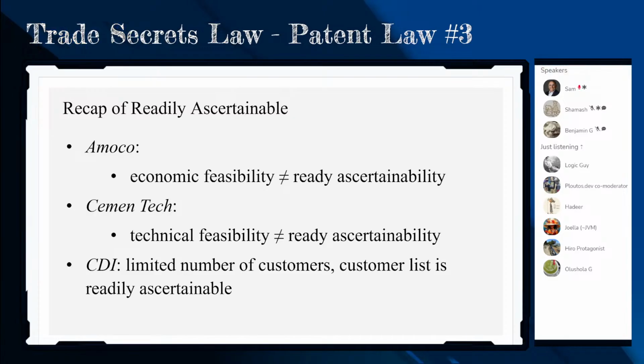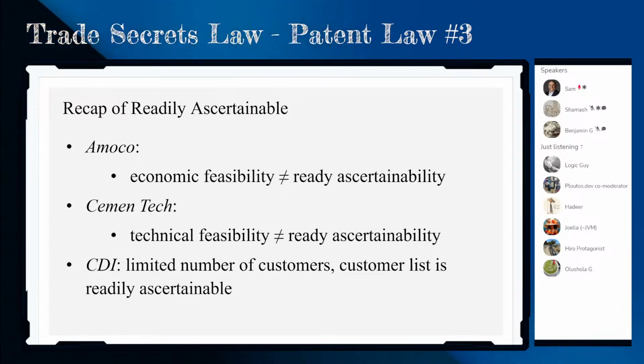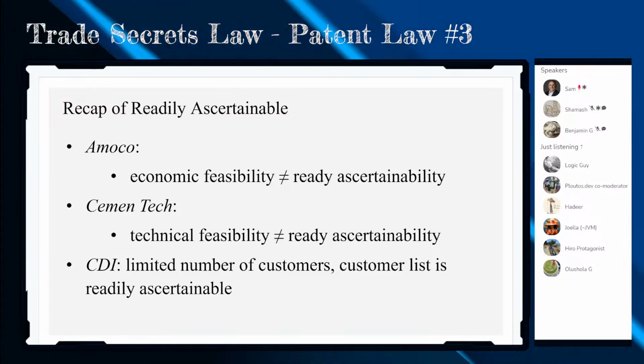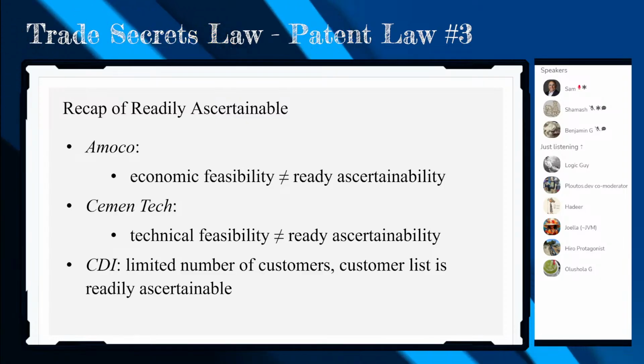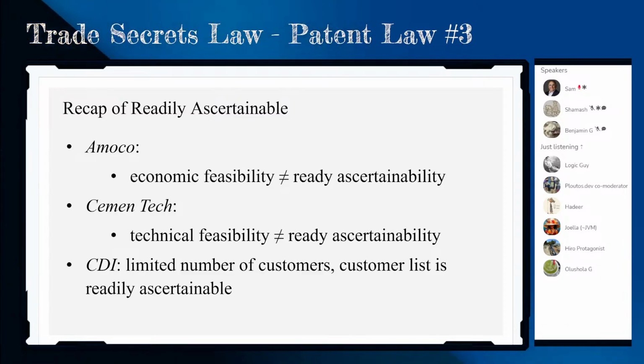What we saw, what the court in Amico told us, is that even if something is economically feasible, that doesn't mean that it's readily ascertainable. In Symantec, which we didn't go through, had we gone through it, we would have figured out that if it's technically feasible to do something, that too doesn't mean that it's readily ascertainable.